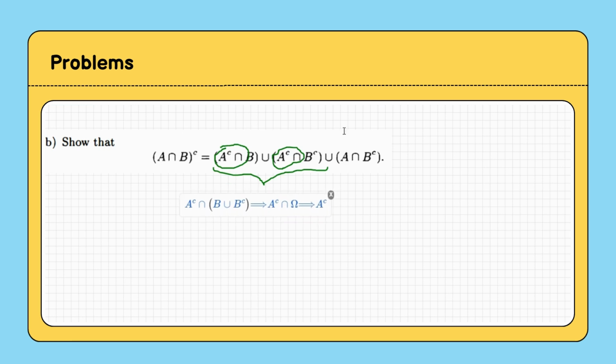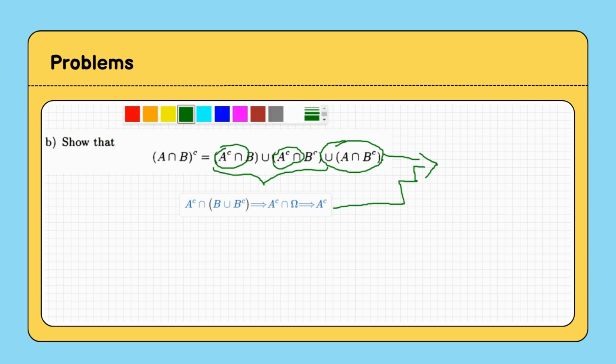Now you have A complement from the first part, and then there is union, parentheses A and B complement. So what do we do with this part? The union A and B complement, and the thing that we had from the first two parentheses, we have to write them together, as you can see right here.